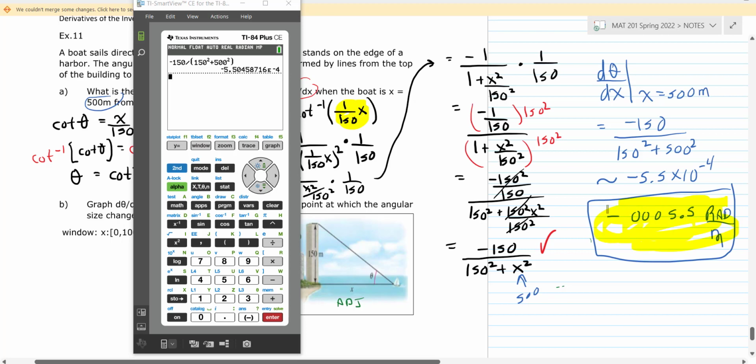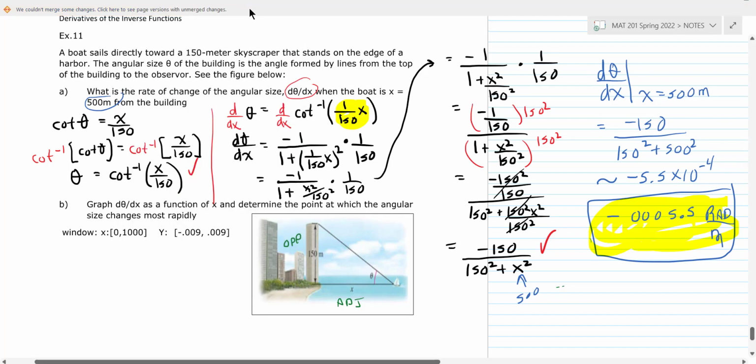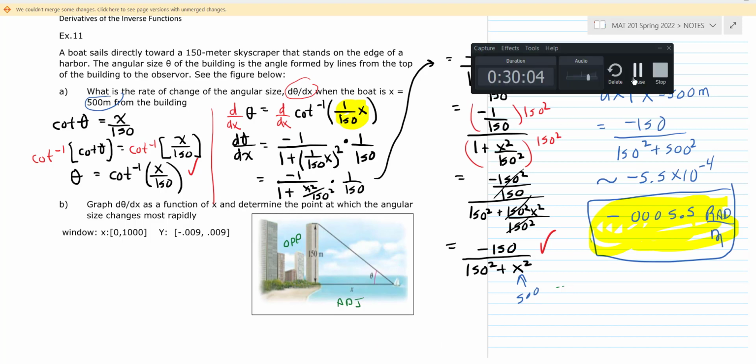Basically, at that point in time, when you're 500 meters away, this is the rate at which the angle is changing. And you end up with a negative answer on that. Okay, we're also going to look at this graphically. So that's how you would work that out.